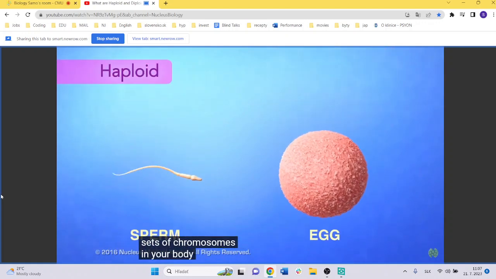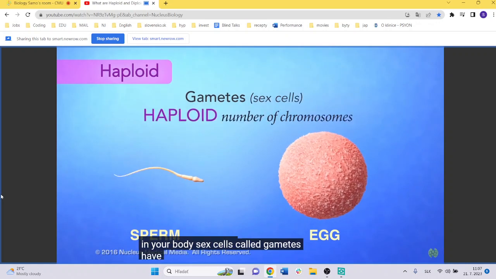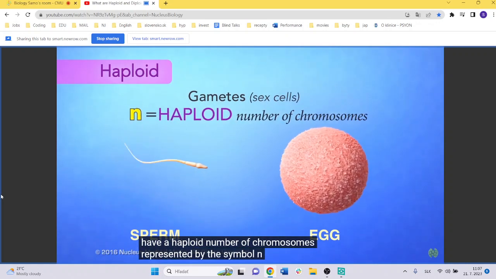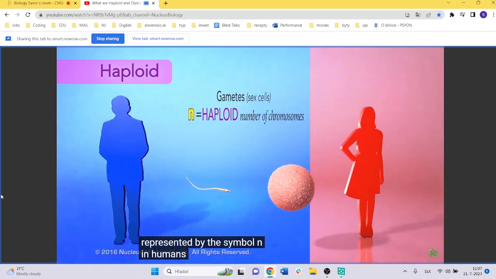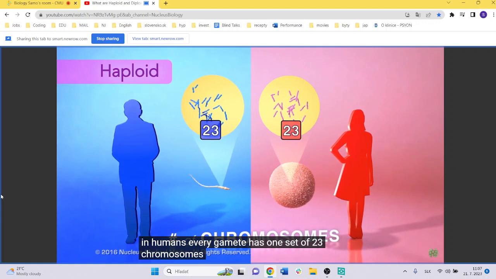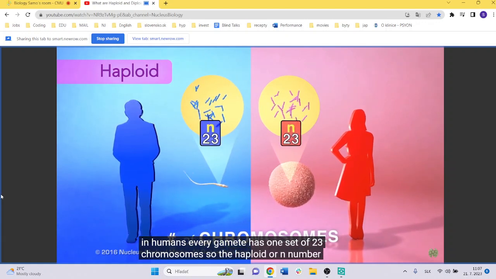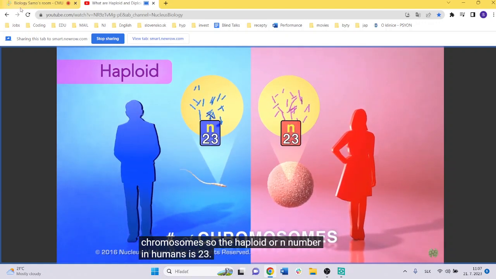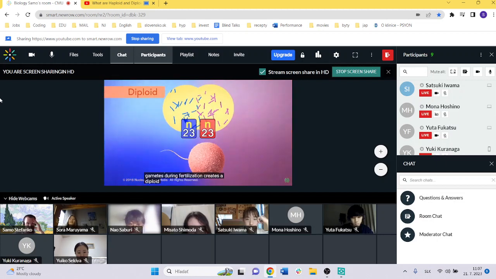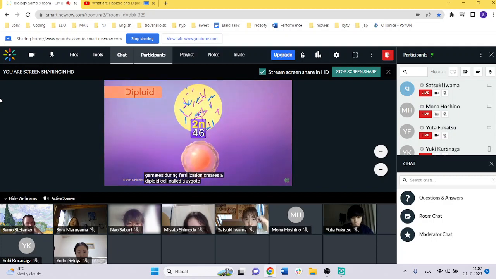In your body, sex cells, called gametes, have a haploid number of chromosomes, represented by the symbol N. In humans, every gamete has one set of 23 chromosomes, so the haploid, or N number in humans, is 23. This is important since the union of gametes during fertilization creates a diploid cell called a zygote, with two sets of chromosomes, for a total of 46.